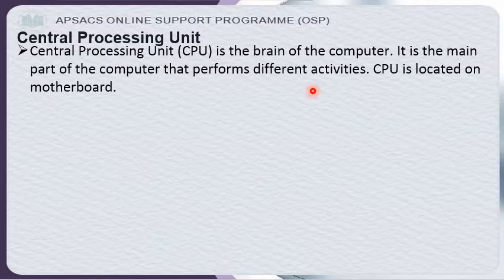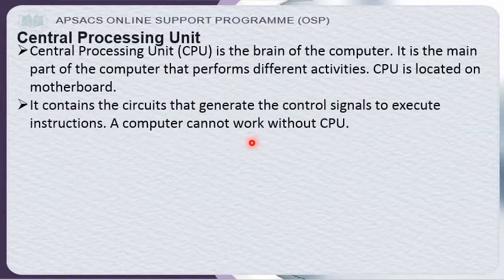This CPU is connected to the motherboard, or we can say that it is located on the motherboard. It contains the circuitry that generates the control signals to execute instructions. The computer cannot work without the CPU. How does it perform its operation?